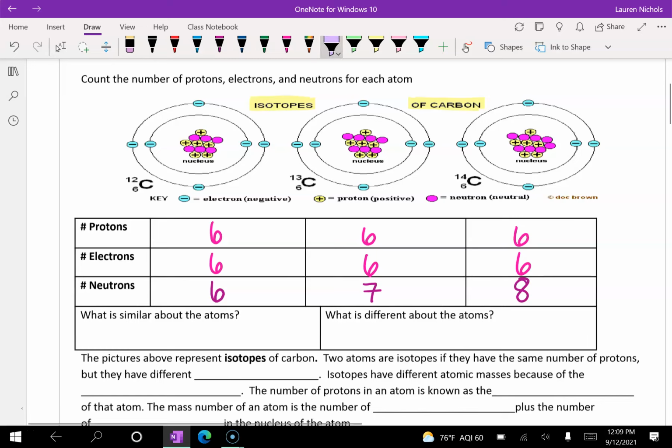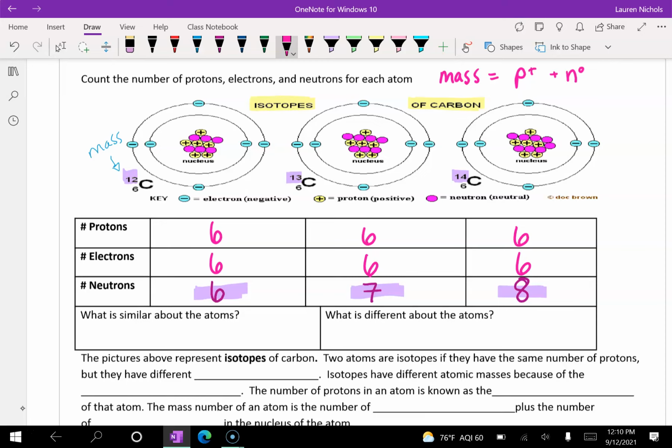And so we can see that their neutrons are changing each time, and so does this number here. And that number is our mass number, because remember, our mass is our protons plus our neutrons. It's always our protons plus our neutrons.